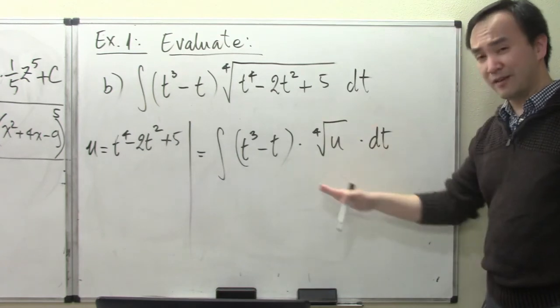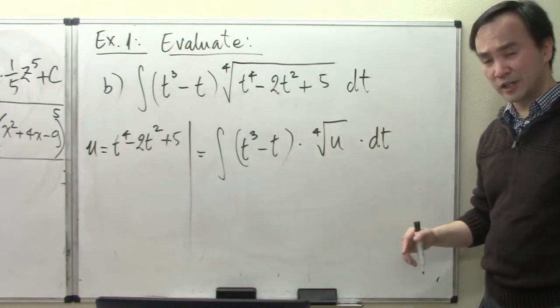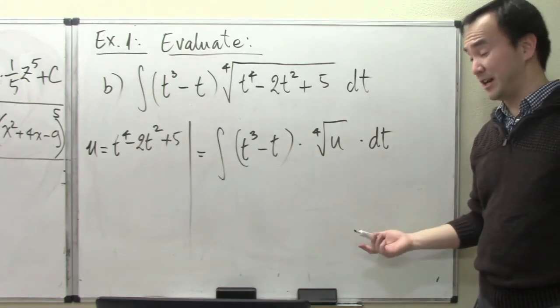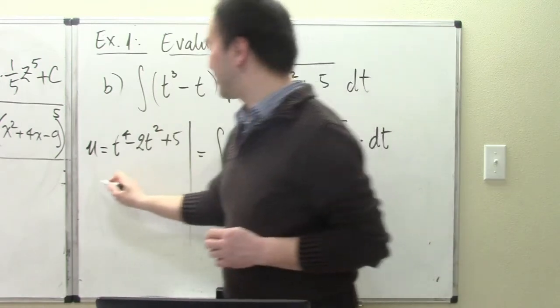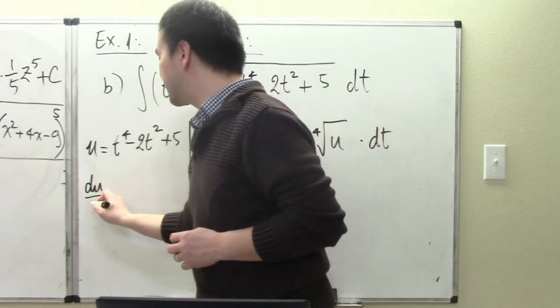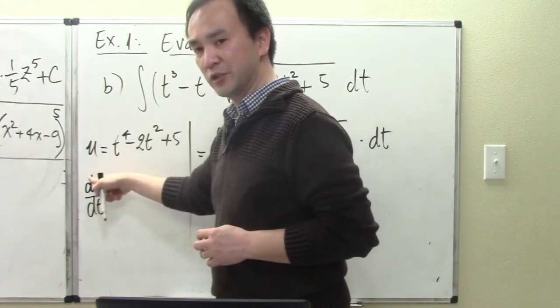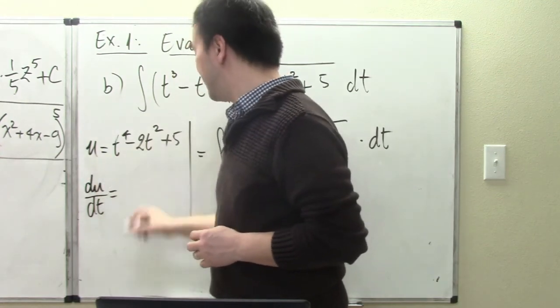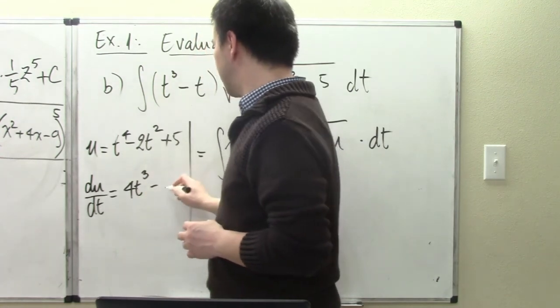So now it's time that we put on that checking question right there. Did I completely wash away the old variable? I did not. I have not yet. So that's why we're going to go back to this substitution point and start developing further. So du dt, because now u is a function of t, so that is the derivative of u, du dt, being 4t cubed minus 4t.